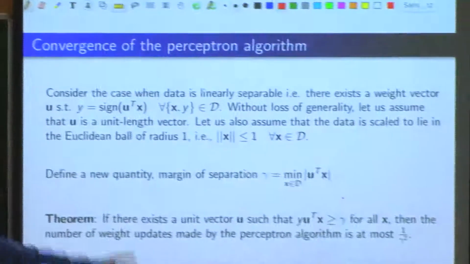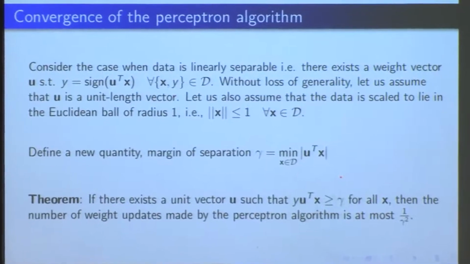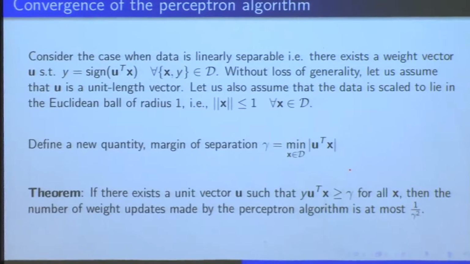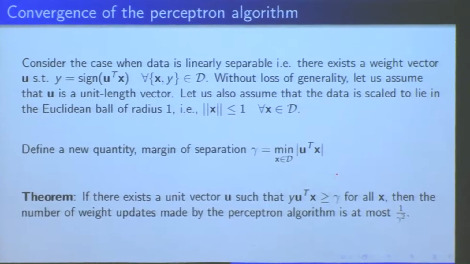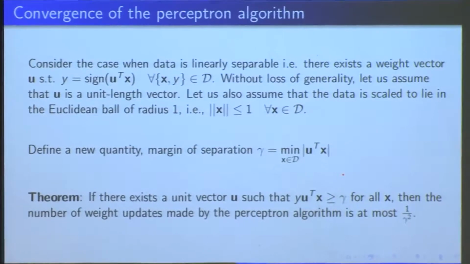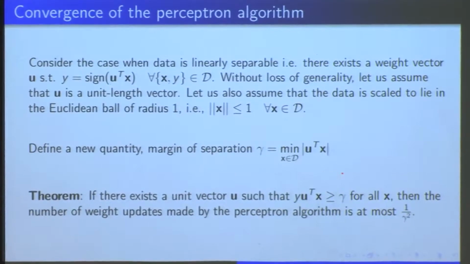So here's the result we want to prove: if there exists a unit vector u such that y w transpose x is greater than or equal to gamma for all x, then the number of weight updates made by the perceptron update algorithm is at most 1 upon gamma square, where this gamma is what is going to influence the number of iterations.